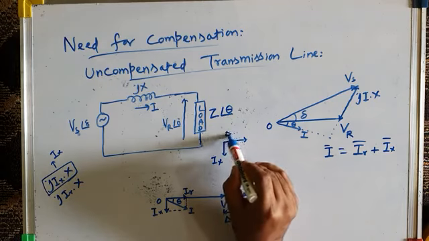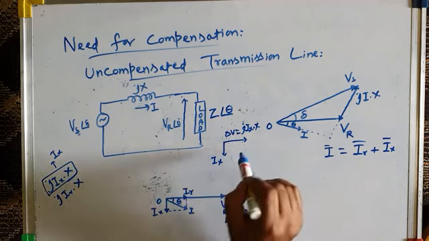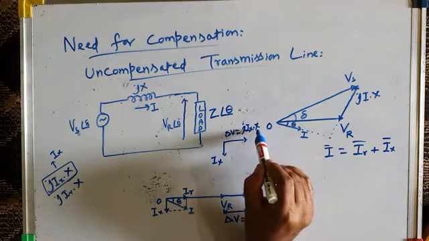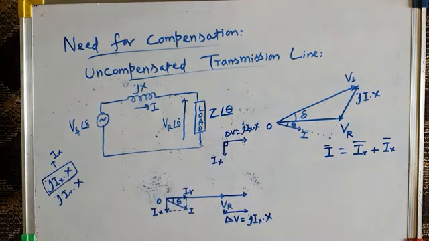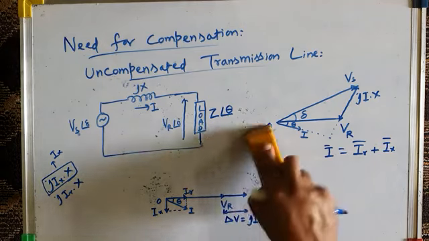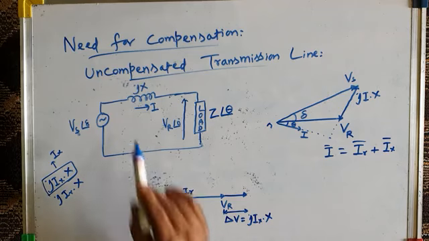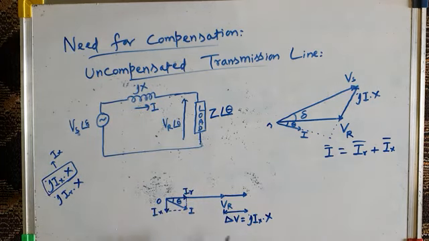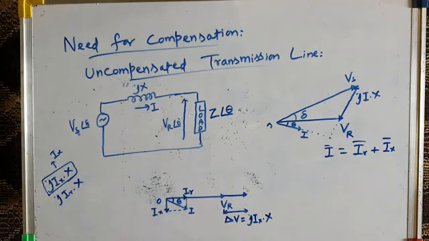This is delta V equal to JIX into X. Now you can see this voltage drop, JIX into X, leads the current by 90 degrees, or in other words, the current lags the voltage by 90 degrees, which is the fundamental principle of a reactive circuit. So therefore, because of this reactive component of current, it causes a voltage drop across this line reactance, which is given by delta V equal to JIX into X, which is leading by 90 degrees with respect to this IX.